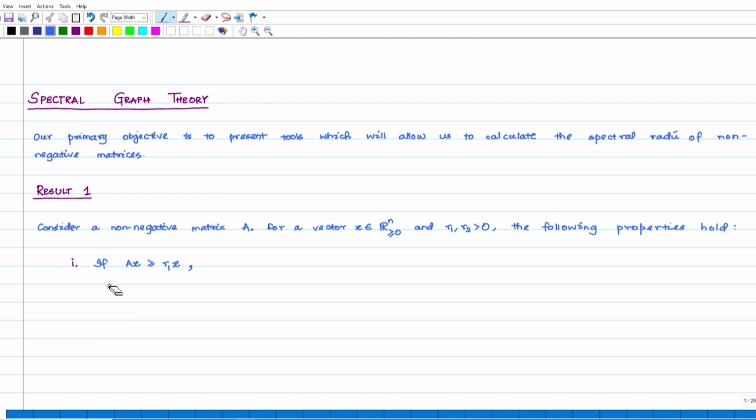Now, if we are able to find such a positive number R1, then R1 is always less than or equal to the spectral radius of A. Similarly, if A of x is less than or equal to some positive number R2 times x, such that x is strictly greater than 0, then R2 is always greater than or equal to the spectral radius of A.